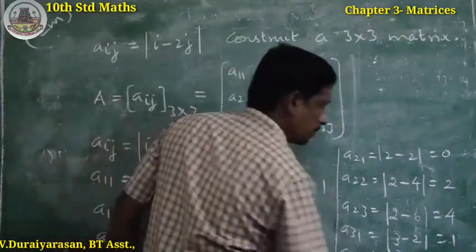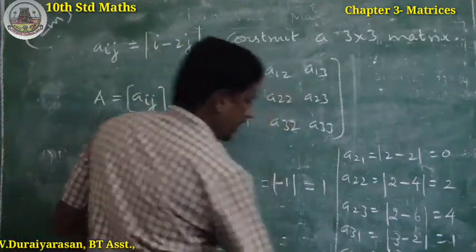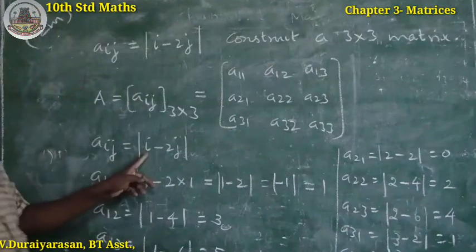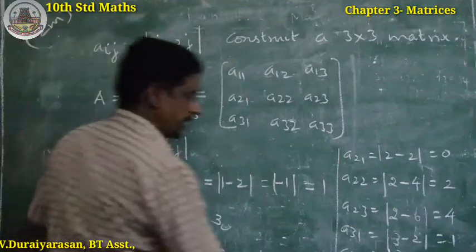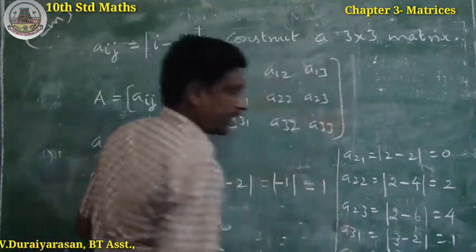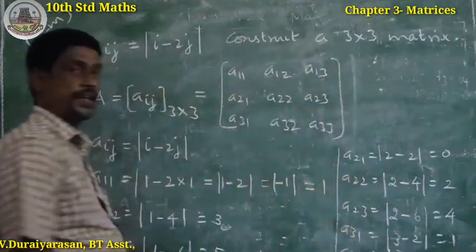Modulus of minus 1 is 1. Next, A33. i equal to 3, j equal to 3. So, modulus of 3 minus 2 threes are 6. 3 minus 6 is minus 3. So, modulus of minus 3 is 3.